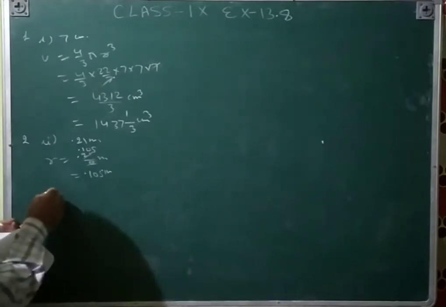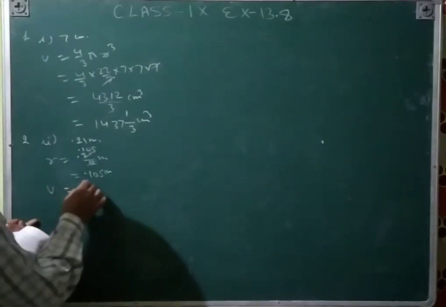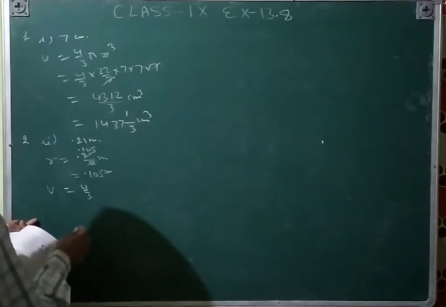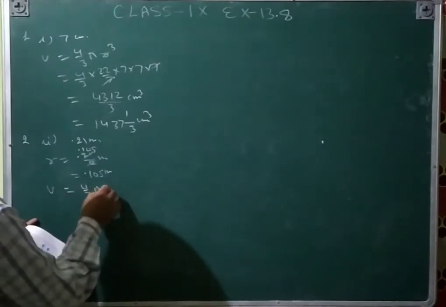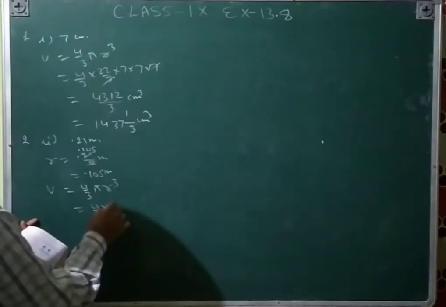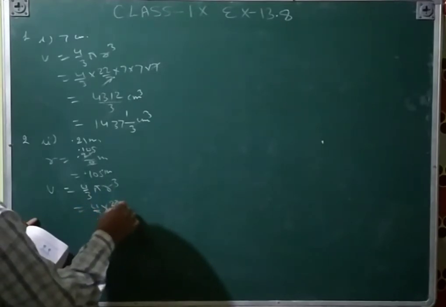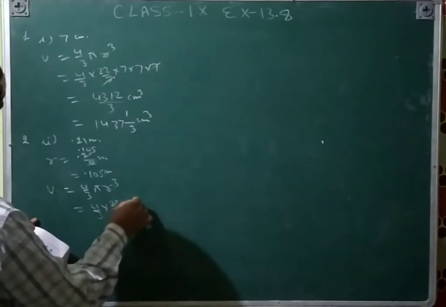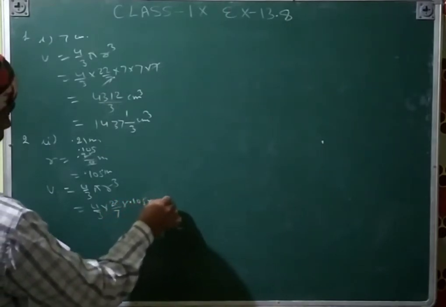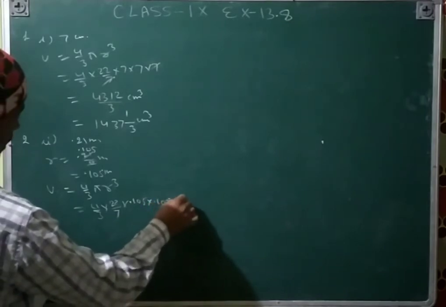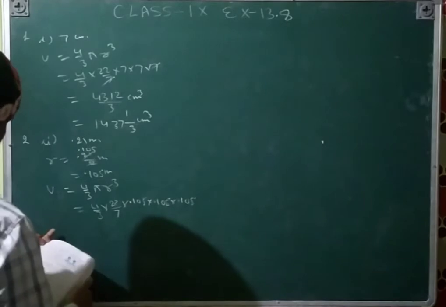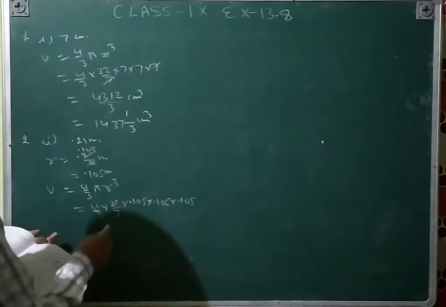So now the volume is 4 upon 3 pi r cube, that is a sphere. So 4 upon 3 into pi value, which is not given, 22 upon 7 into 0.105, 0.105, 0.105, and then that will cancel also.